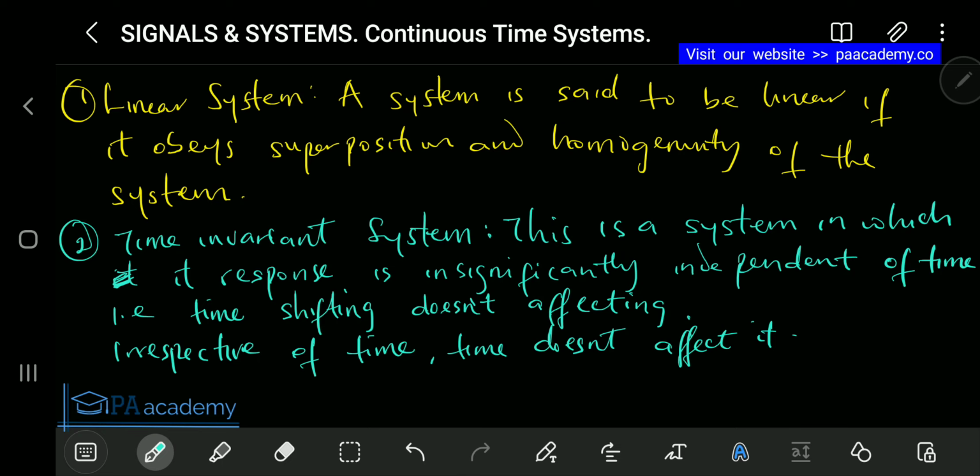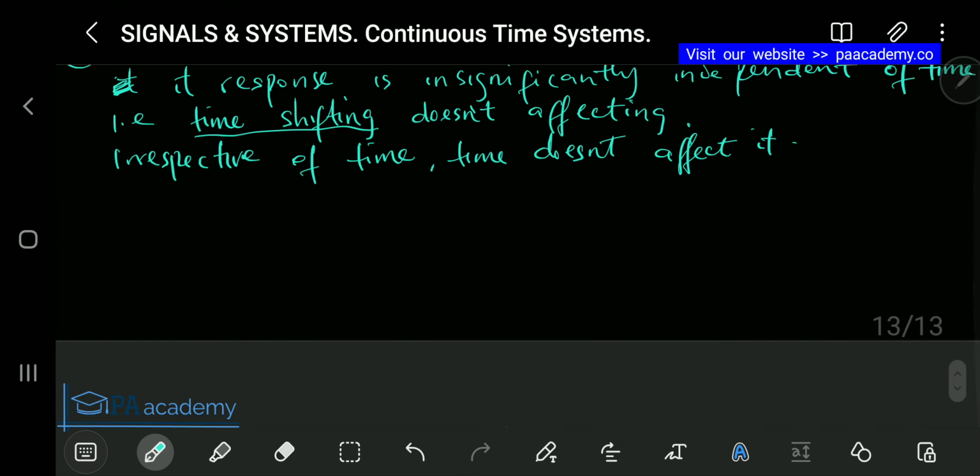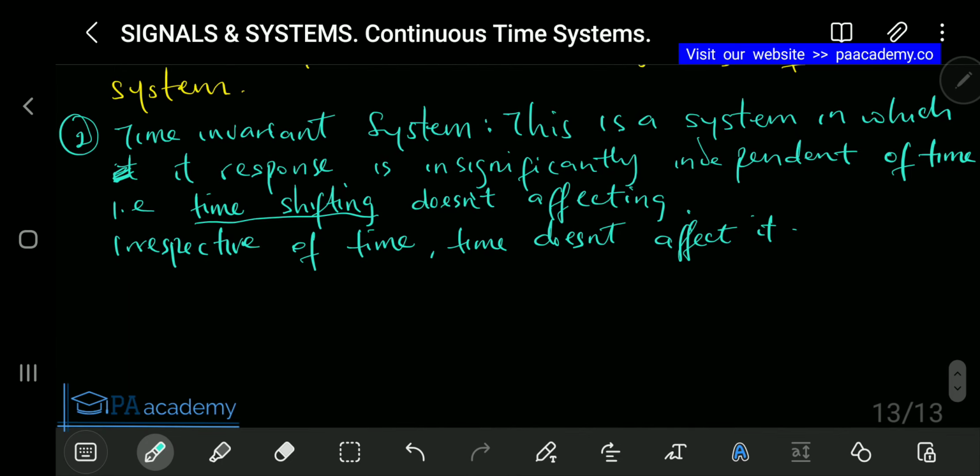So when they say its response is independent of time, we are saying that time shifting doesn't affect it. Exactly. So don't forget, time shifting is one of the basic operations of signals. We've talked about that earlier. So this is a system in which time shifting doesn't affect it. So in other words, irrespective of time, time doesn't affect it. Exactly. So that's for time invariant system. So now let's look at another one.